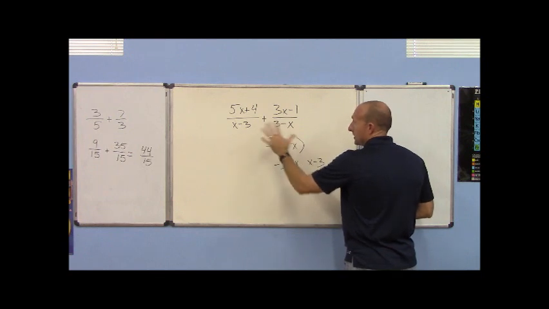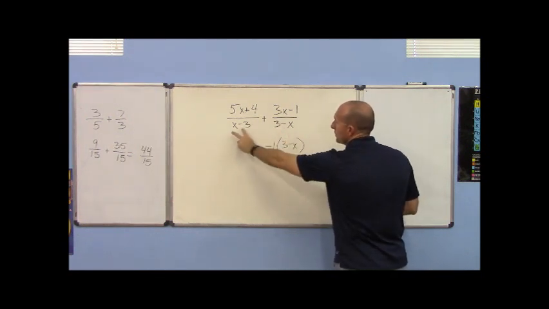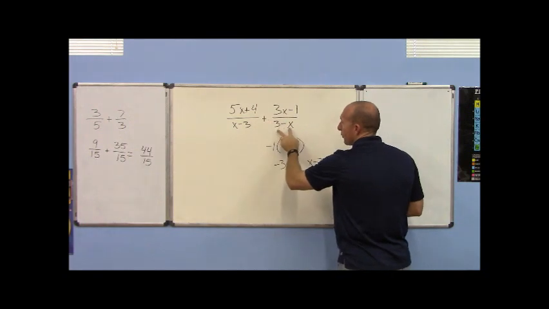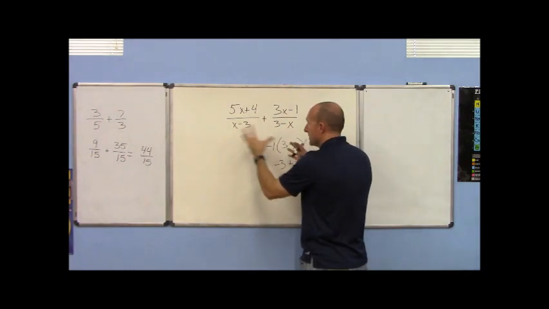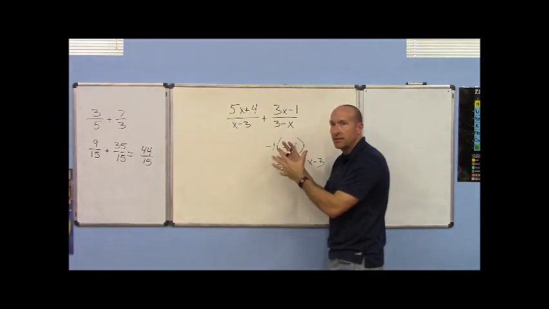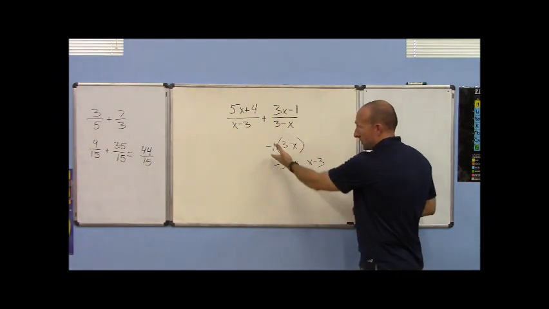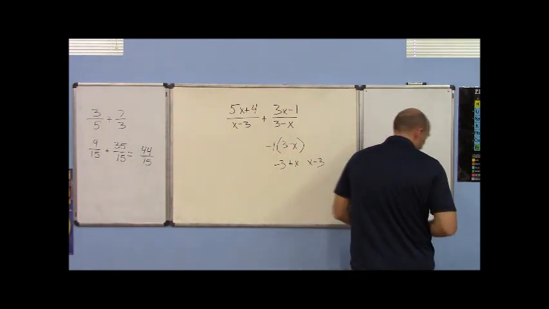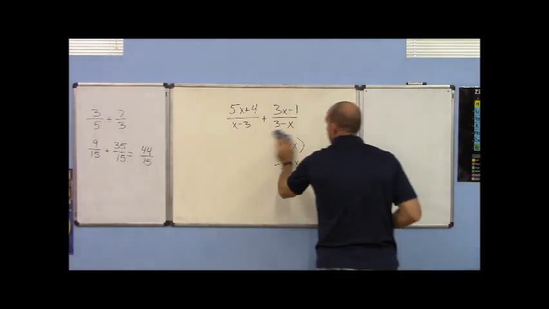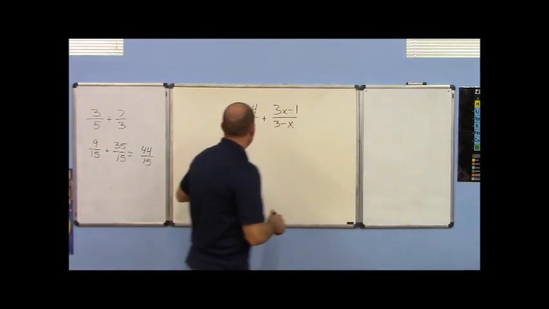To rename it, you can see that these are so close to each other. There's an x and a 3, and that's all. It's just one's positive, one's negative. Well, how can we change that? Simply by multiplying times -1 gets us there. Now, in doing that, whatever we do to the bottom, we have to do to the top.